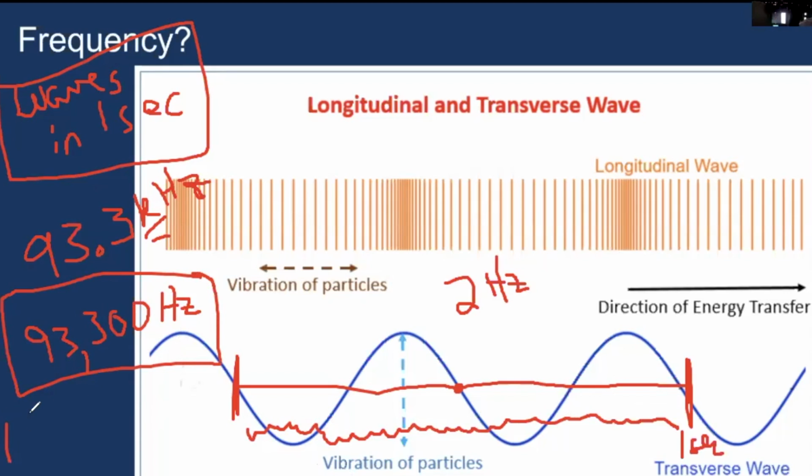So 103.7 FM would have 103,700 waves in 1 second. By changing how many waves are in 1 second, we can send discrete, separate channels of radio, and we can send those out, and now you can pick what station you want to listen to.